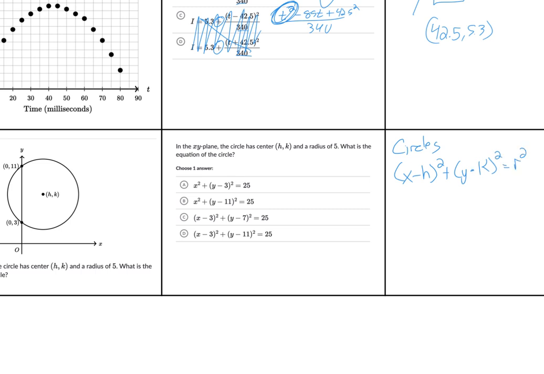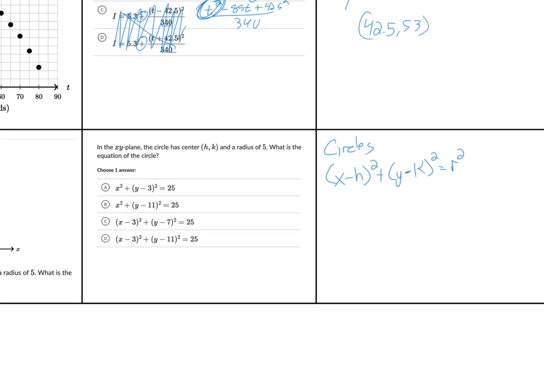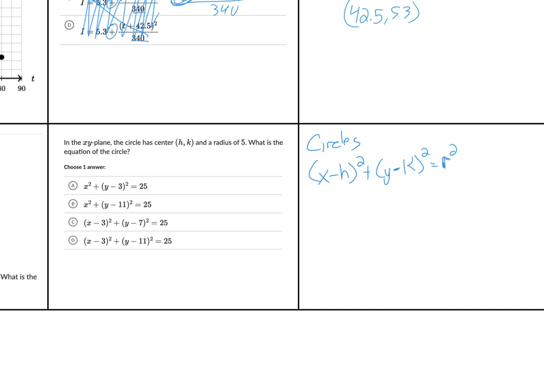That's the general formula. And you will be asked about this often on a test where you have to solve arduous tasks. H and k are the center of the circle, and r is the radius. Okay, so we're told the radius is 5, so we're just going to check. Yep, all of these have 25, so that really doesn't make a difference.